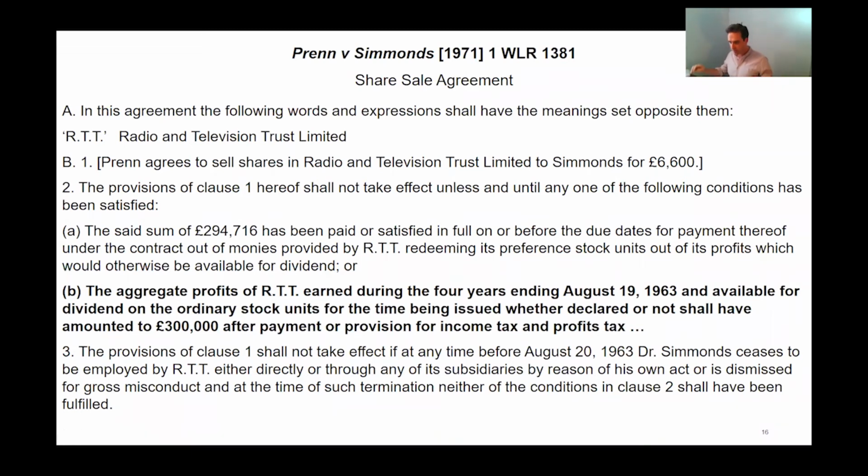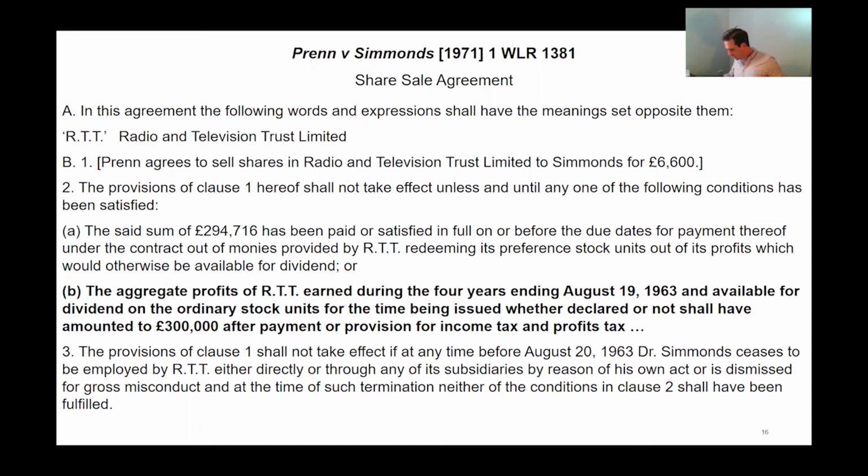In opposition, Dr. Simmons said, well, look, RTT can refer to the RTT Group. It can mean RTT Group. The fact that Clause 2B referred to profits earned when RTT Limited didn't trade must mean that it's referring to the RTT Group. The fact that the RTT Group prepared consolidated accounts that treated holding company and subsidiary profits as one and the same, again suggested that the RTT Group profits were to be counted.